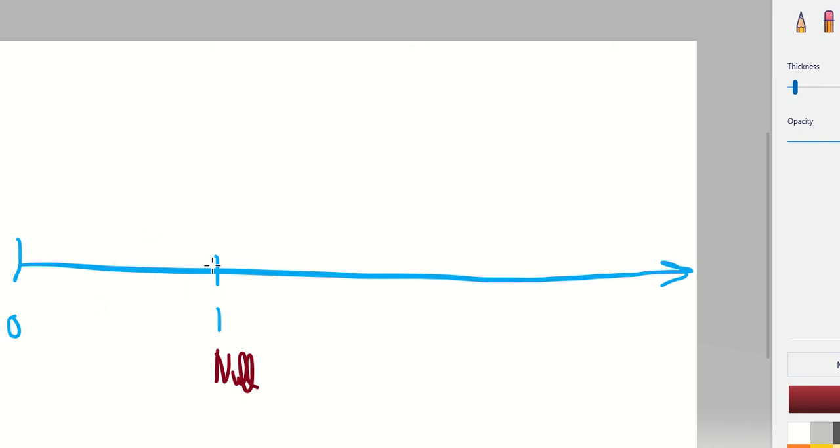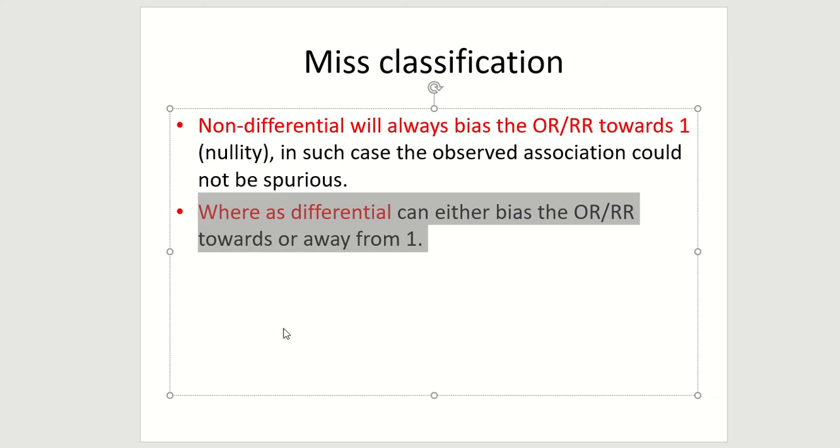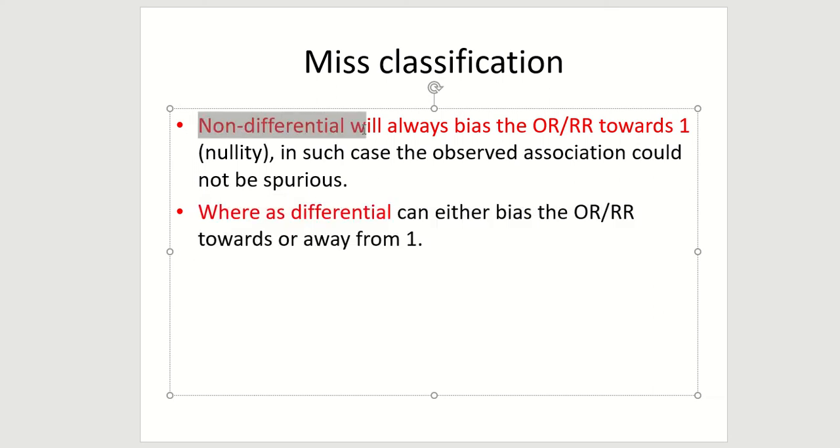So if your real, unbiased odds ratio is on either side of 1, when you bias it towards the null, you bring it towards 1. So you're making it appear weaker. And this is the effect caused by a misclassification that is non-differential.